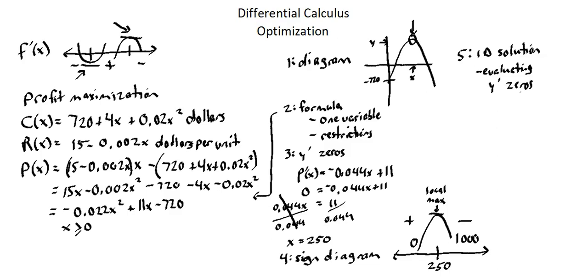But if we had derived 2 or more zeros, we would evaluate all zeros with the sign diagram, and we might find that we have one local maximum and one local minimum. So identifying the solution would be understanding that we need a maximum and selecting the maximum and eliminating the minimum. Again, in this case, we only have one solution, but in cases in which there are more than one solution, you need to be sure you know what you're looking for, either a maximum or a minimum, and select accordingly.